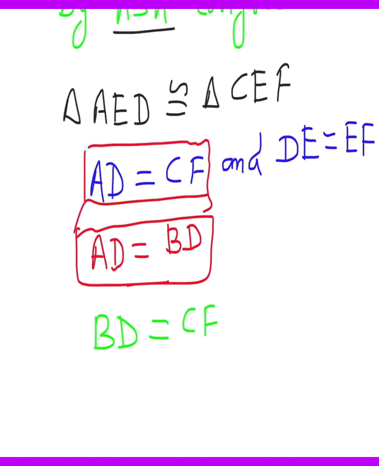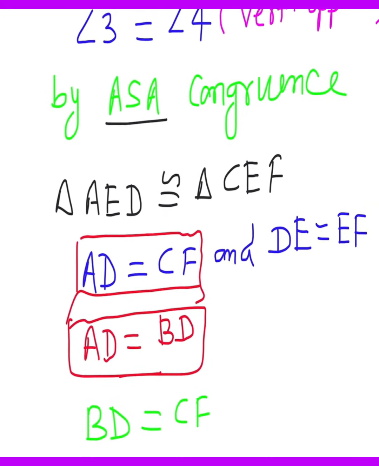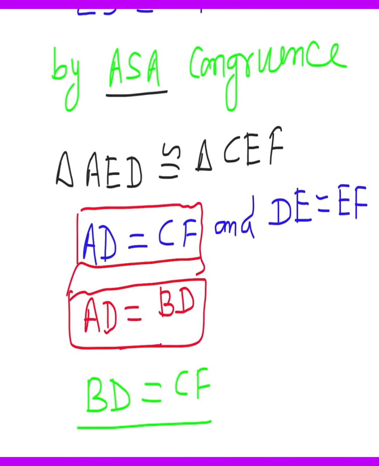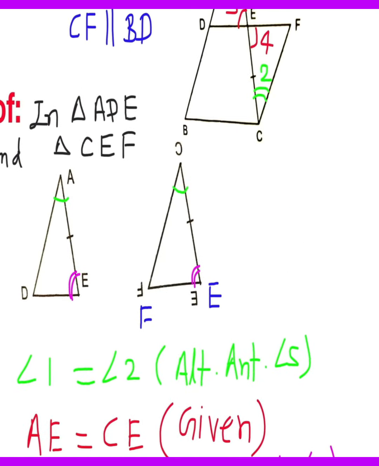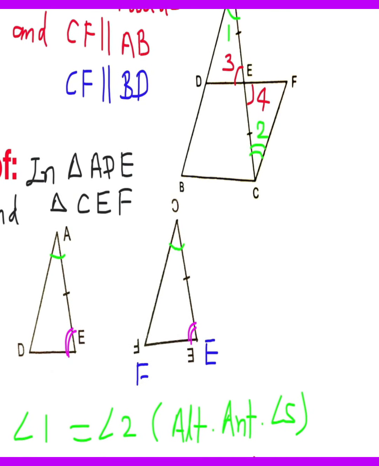Now you will again see this diagram. BD equal to CF, see here in this diagram number 1, these are opposite sides of quadrilateral BCFD.